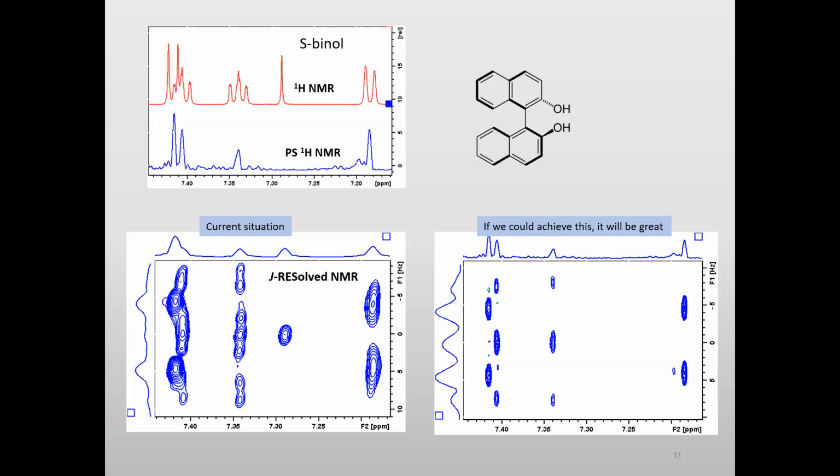If we could get a spectrum like this on the right side, this is also a Z-resolved spectrum, but the resolution of such a Z-resolved spectrum is very high. The direct dimension of this Z-resolved spectrum is a very high, well-resolved pure shift proton spectrum. You can see the regular Z-resolved spectrum cannot give this kind of pure shift in the direct dimension. And in the indirect dimension, we have the ultra high resolution multiplet information, but that is not possible using regular Z-resolved spectroscopy. Next.